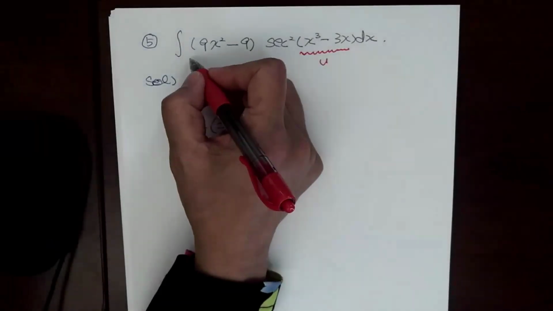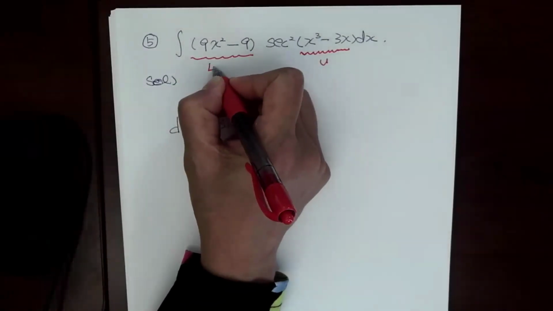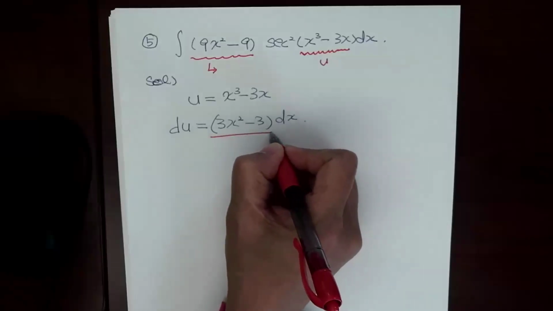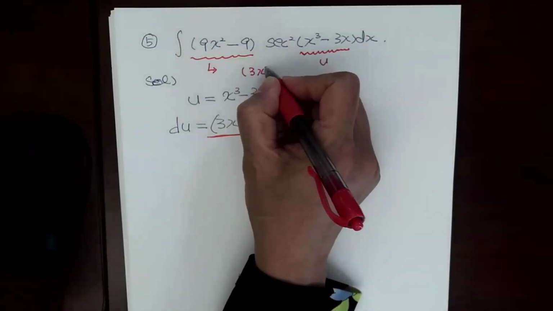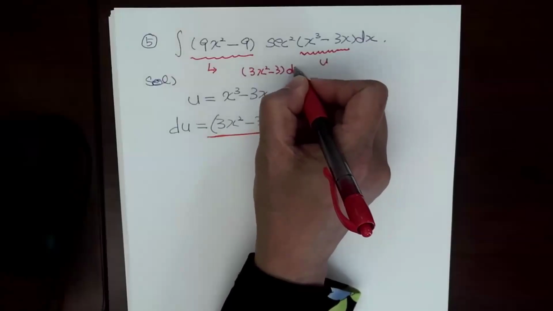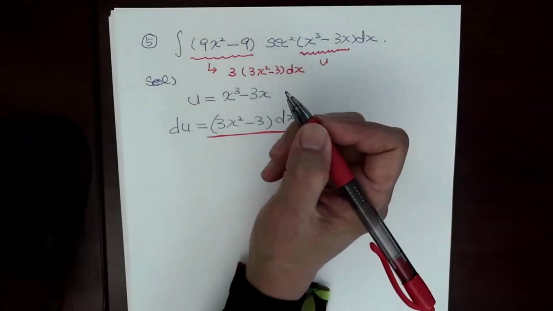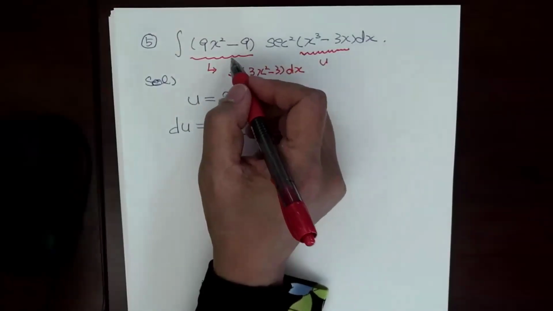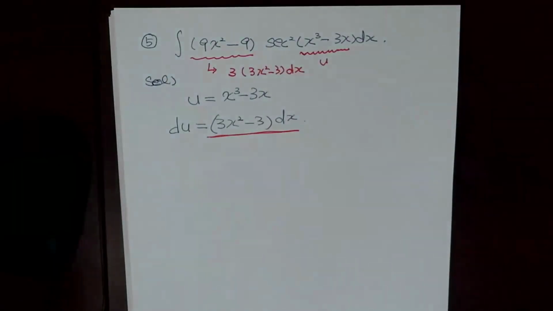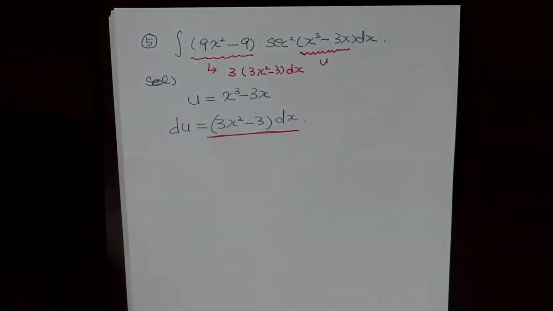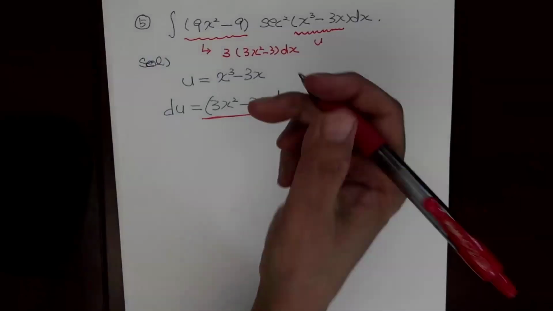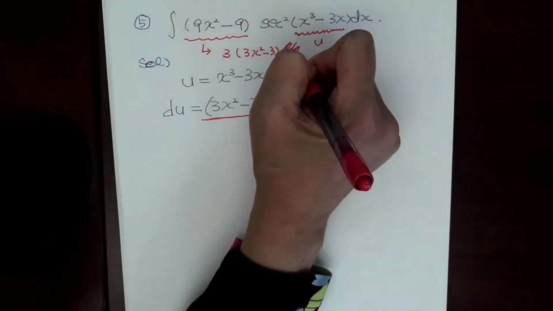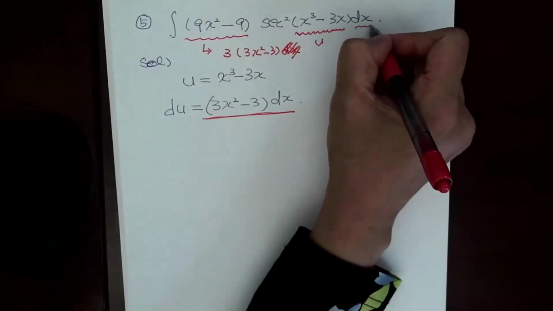I just want to keep this expression, so I would write 3x squared minus 3 dx. And if we multiply by 3, then I can make the original one, right? I can take out 3 there. But we have to combine these two.